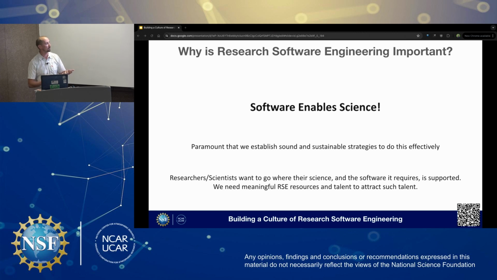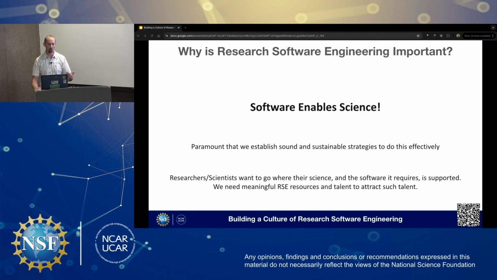So something to emphasize: software enables science. It's paramount that we establish sound and sustainable strategies to do this effectively. And in doing this, it allows us to be more competitive with other science agencies, such that we want to be able to attract meaningful talent to do the work that NSF, for example, wants to do effectively.